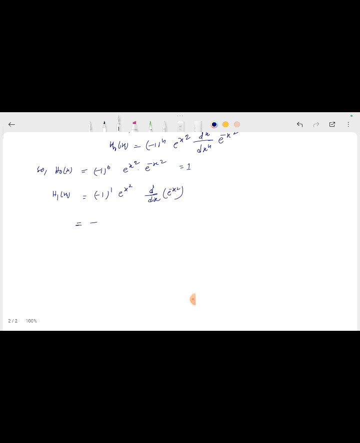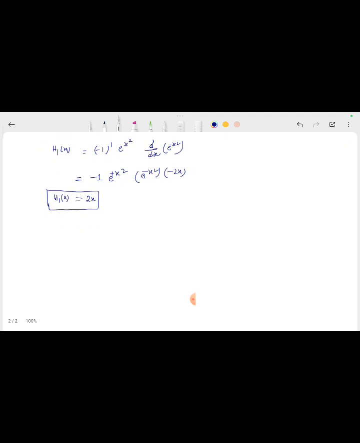So this is equal to -1 e^(x^2) times e^(-x^2) times (-2x). So finally we get the value 2x. Okay, H_1(x) is equal to 2x.